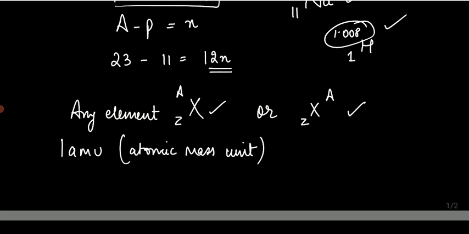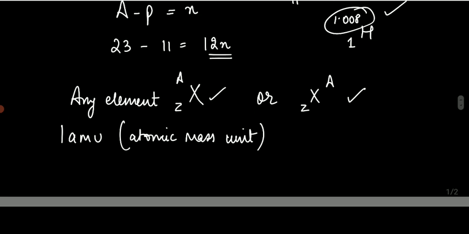It is quite useful, and if we can memorize it, then why not? So, one atomic mass unit, just like if we are calculating weight in grams, the atomic mass unit is going to help us understand in what units we are calculating the weight of an atom. So 1 AMU is roughly equal to 1.66 into 10 raised to the power minus 24 gram.